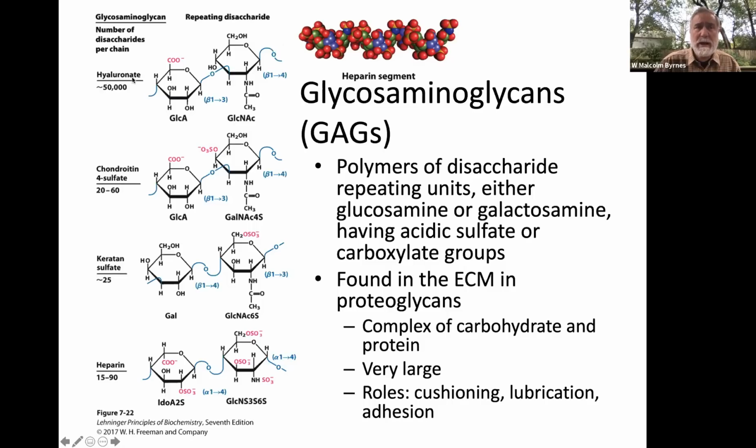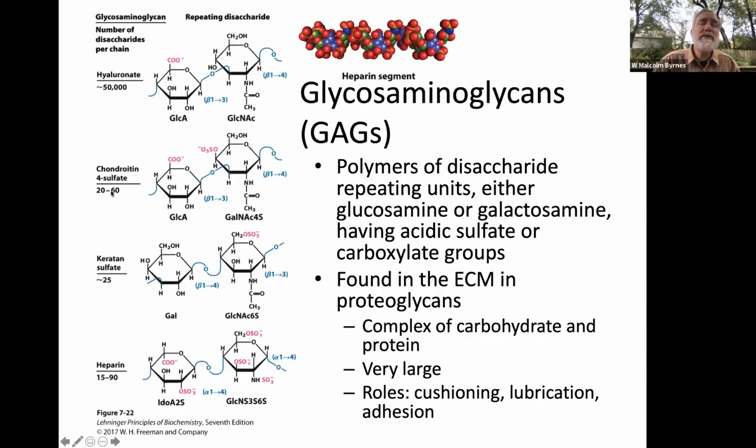Hyaluronate, or hyaluronic acid, contains about 50,000 of these disaccharide units, which look like this. Gluconate, through the carboxyl group there, is linked via a beta-1,3 linkage to N-acetylglucosamine. And then that's connected to the next disaccharide by a beta-1,4 linkage.